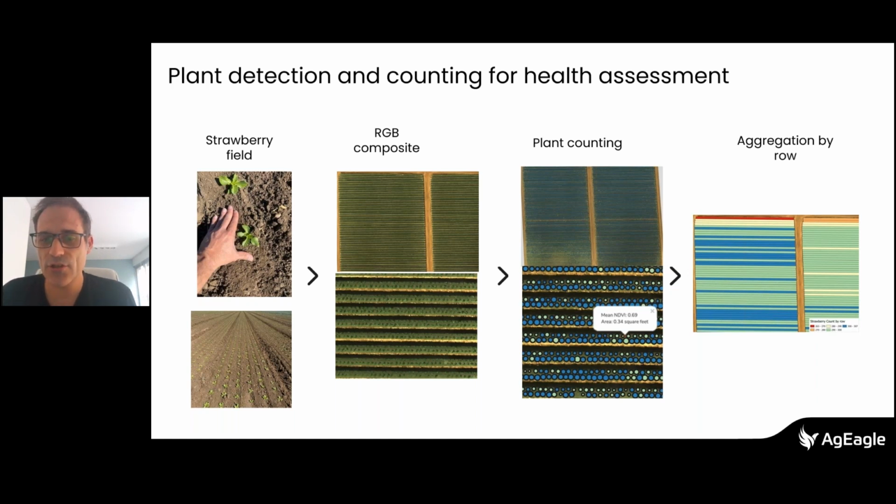Nevertheless, it's not just plant counting, because you usually also want to know how your plants are actually doing. So here we have a technique that everybody can copy: first count the plants, then get an idea of the size of each plant, and then for each plant, take out the NDVI value.